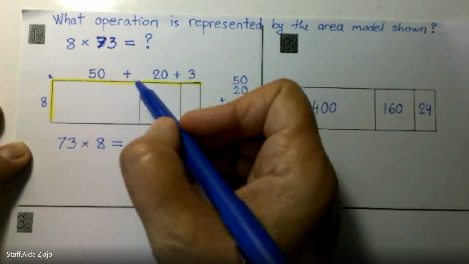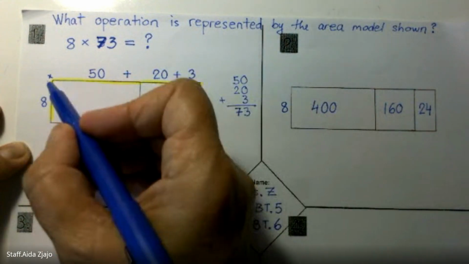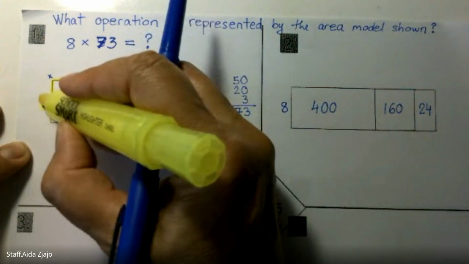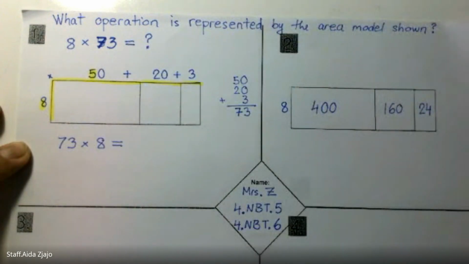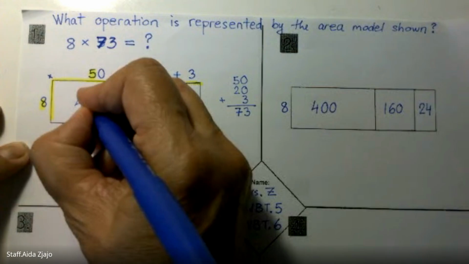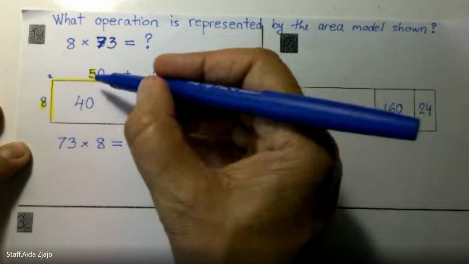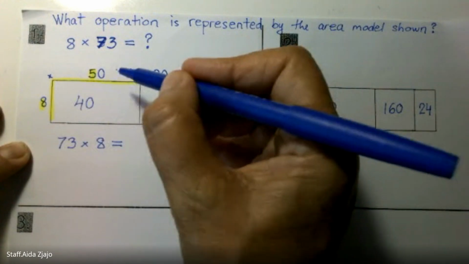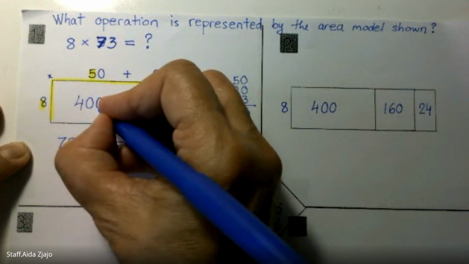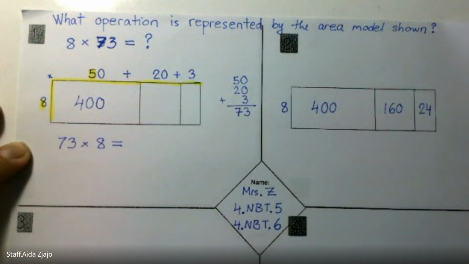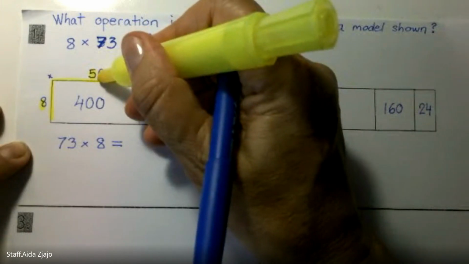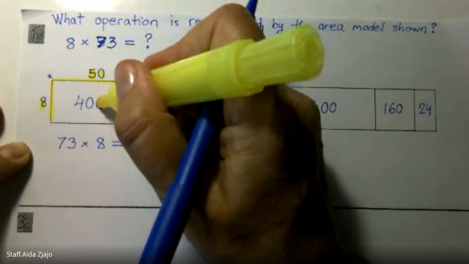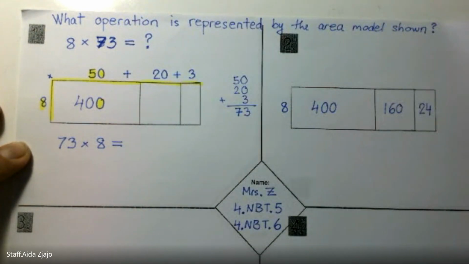Now, let's just focus on this area right here. Length times width: 8 times 50. You can think about 8 times 5, which is 40, and then 50 is 5 times 10. So 8 times 5 is 40, but times 10 it's 400, because when you multiply by numbers with the 0, the number gains that 0.